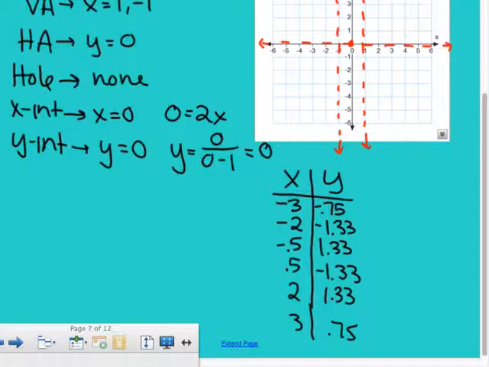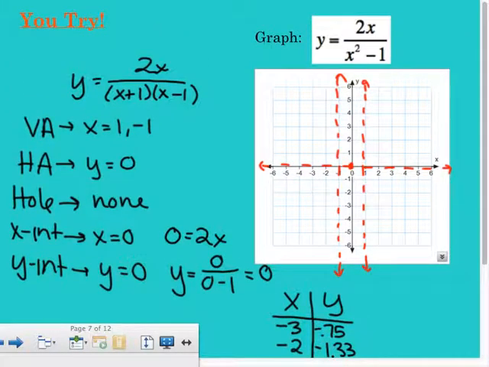So now that you have those points, go ahead and plot them, and you'll get a picture.